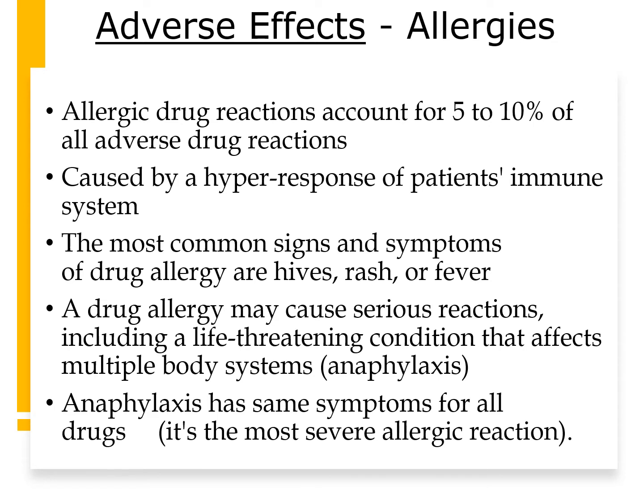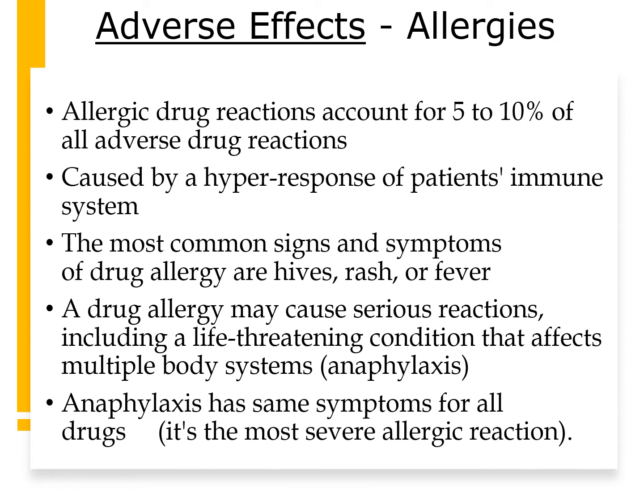And by far the most common adverse effects to drugs are simply just rashes or low-grade fevers, right? So hives. Hives is a term that's the same as urticaria. We use those two terms interchangeably. And we'll come to some pictures of hives. There's all kinds of allergic drug rashes, and we'll talk about those.